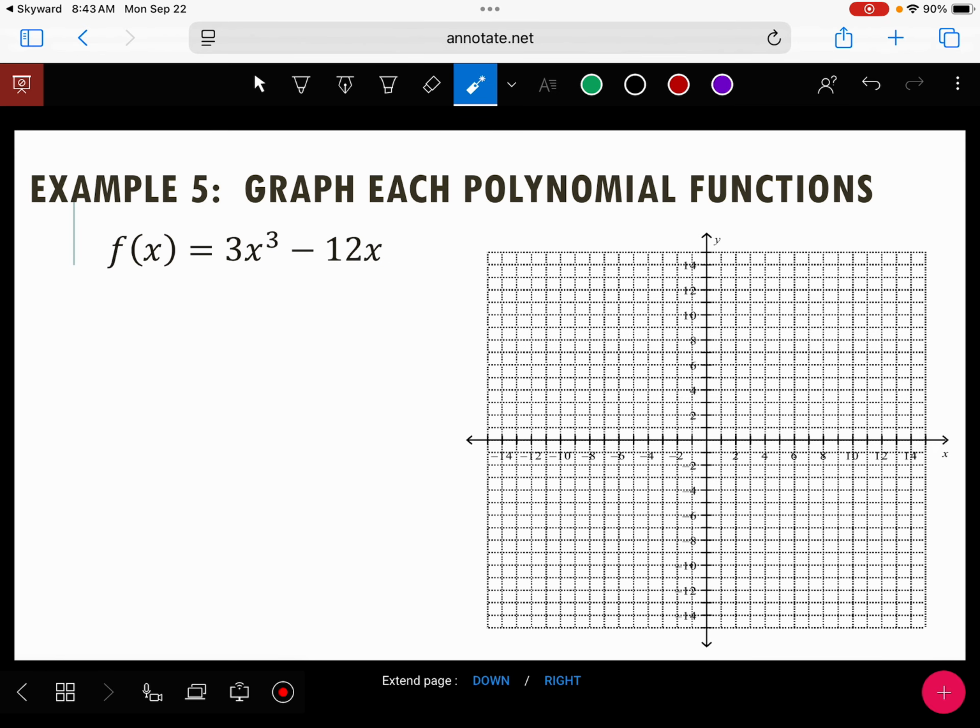All right, go ahead and copy this one down. This one is short. What's my GCF? 3x, good.